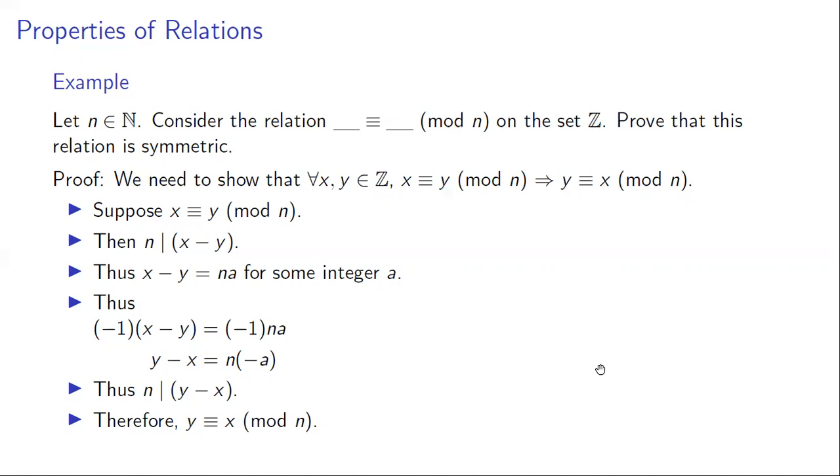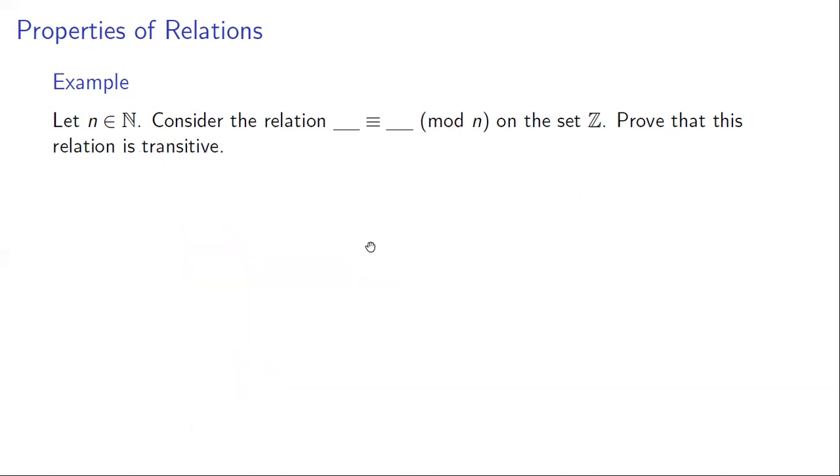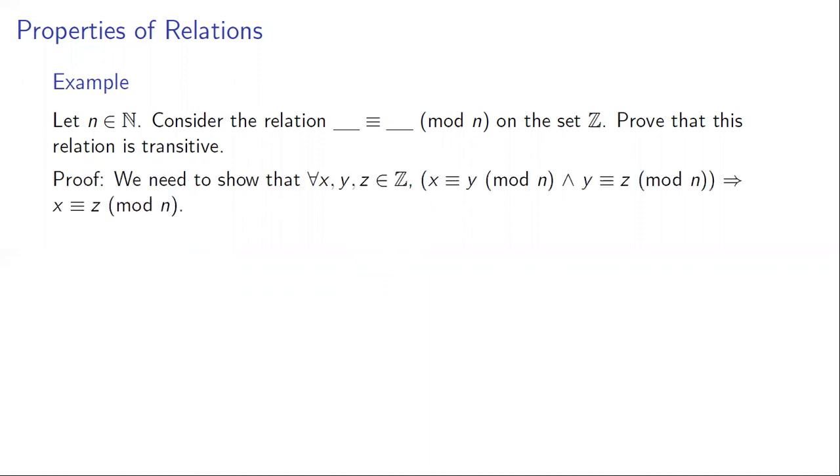Okay, one more proof. The same relation, but now let's try to prove that the relation is transitive. So let's write out what we're trying to prove. We need to show that for all x, y, and z in the set Z, meaning for every integer x, y, and z, if x is congruent to y mod n and y is congruent to z mod n, then x has to be congruent to z mod n.